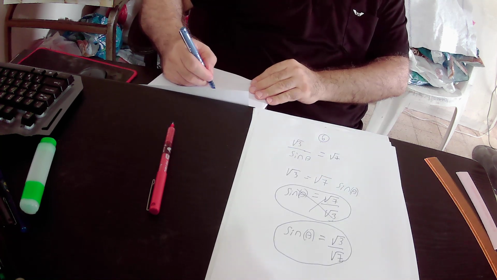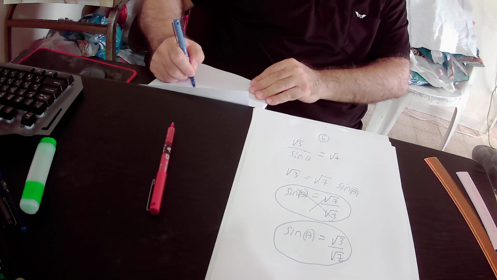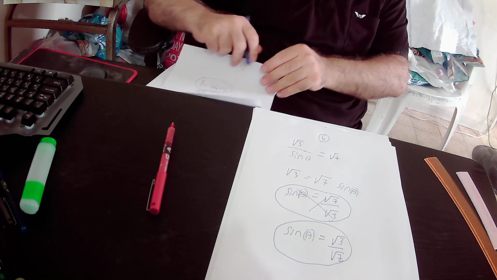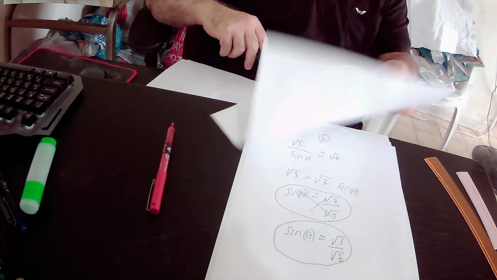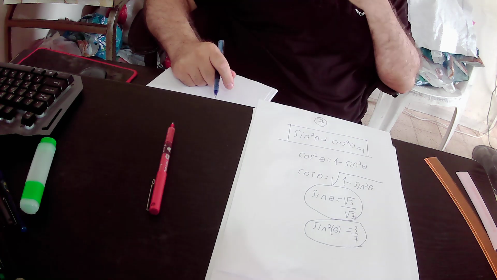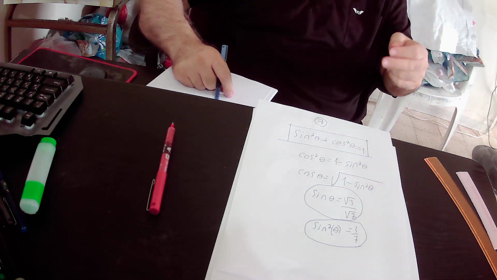The value of sine theta squared will be equal to 3 over 7.